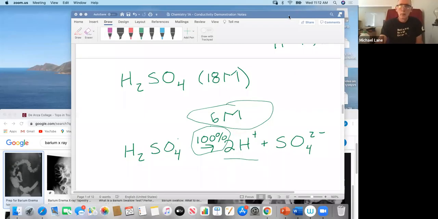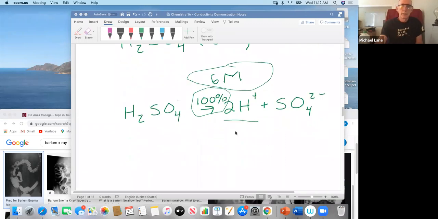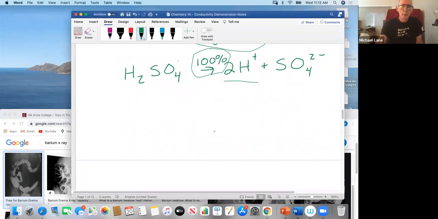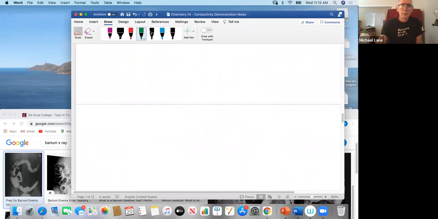I now want to fill in these ideas of strong and weak acids a little bit more than I already have. Again, in the context of writing chemical equations, and specifically total and net ionic equations, acids are either strong, and that means they dissociate, or weak, which means they dissociate only weakly.